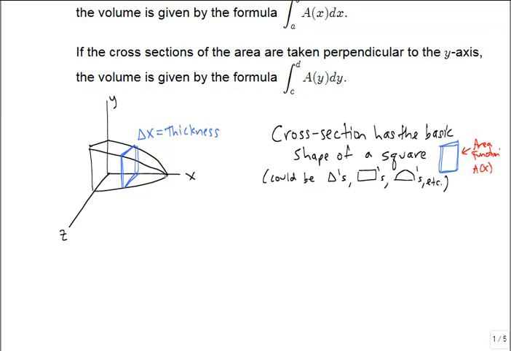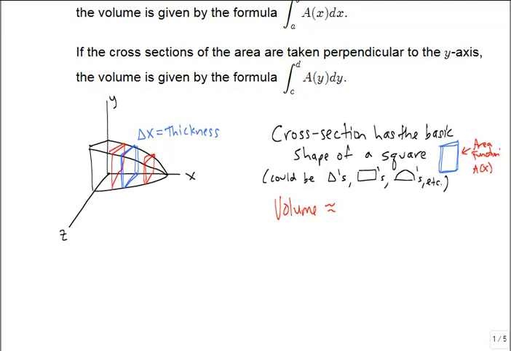Now because this is hitting that x-axis for our thickness, this means we're going to be using eventually here a dx integral. And the idea for these volumes is that you're approximating the volume by summing up all of these little cross-sectional shapes. And there's a whole bunch of them, right? You've got one here, and so forth.